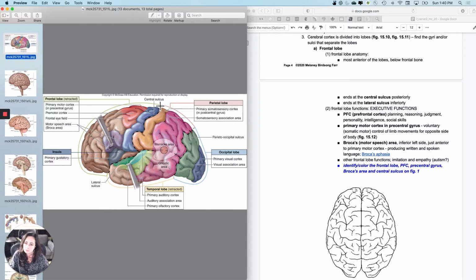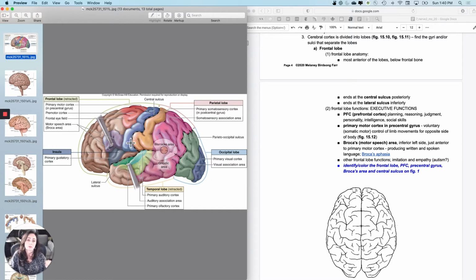And then this region right here, do you see this region right here that's in blue-ish? Right before the prefrontal cortex? That is a specific region that I want you to know that's related to the function of the frontal lobe as well. So you've got the prefrontal cortex, the whole thing is the frontal lobe, and then this region right here that's just anterior to the central sulcus.